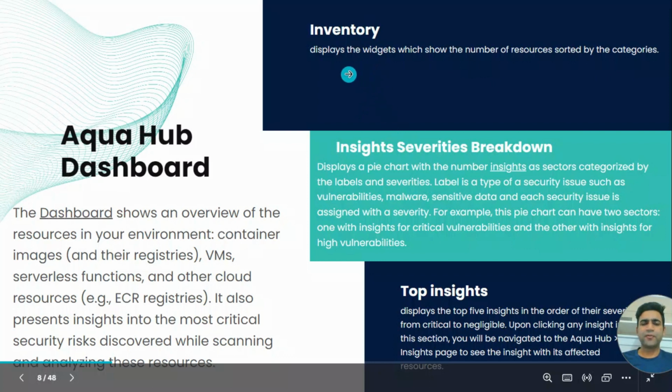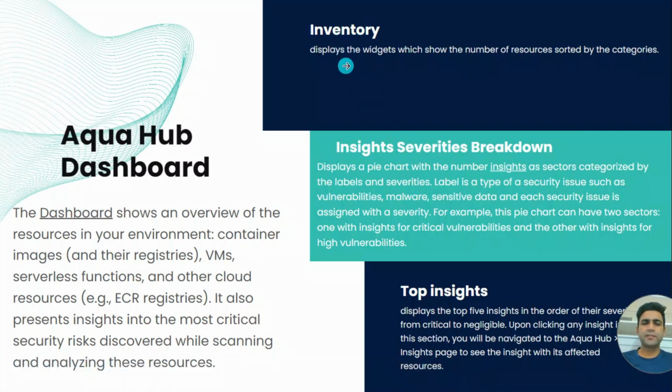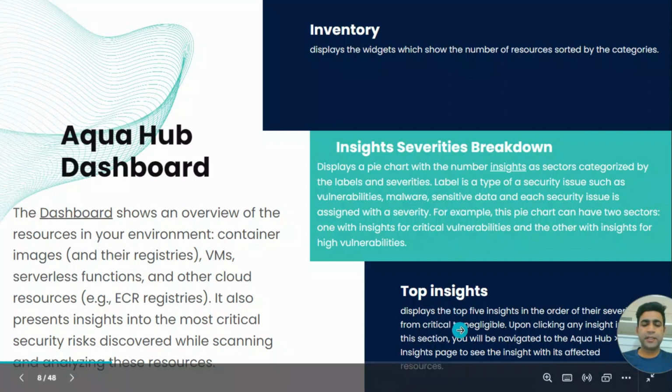You could see different options over here, like its inventory, it would be displaying all of the widgets and the resources in this, and then its insights of severities breakdown. Any vulnerabilities that are found will be classified into different scales, like either it's critical, medium, or it can be quarantined. And then top insights would be there, that would be showing top 5 insights in order of their severities from most critical to the one that's ignorable.